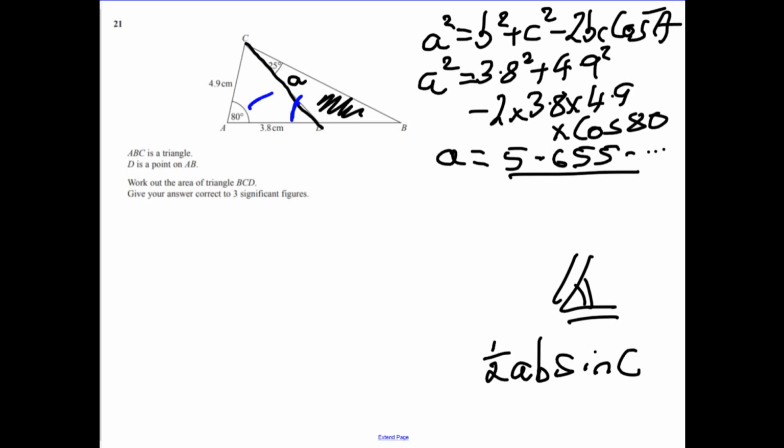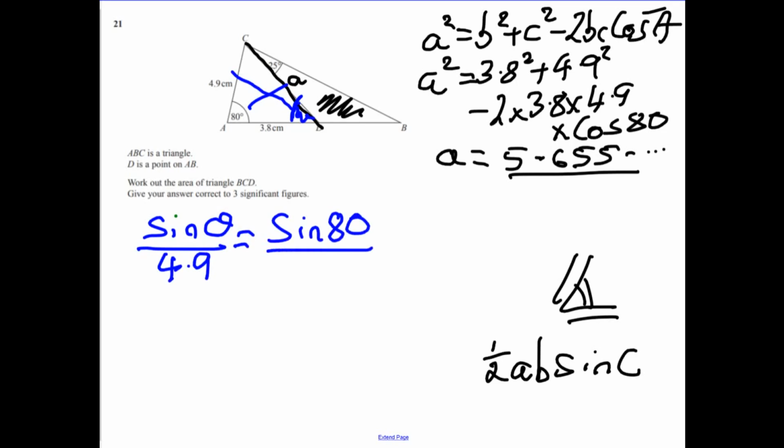You've got a pairing there, and then we've got an incomplete pairing. So what we can easily write down is that the sine of theta, that's the one we're trying to work out, that's that one down there, over 4.9 equals the sine of 80 over 3.8.